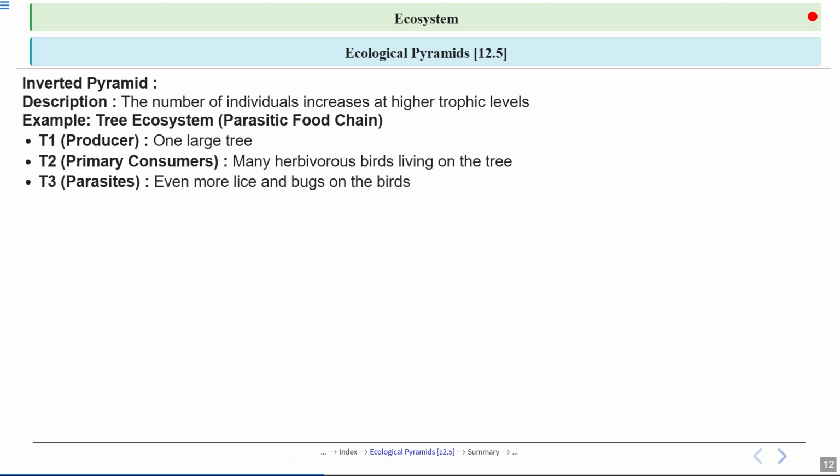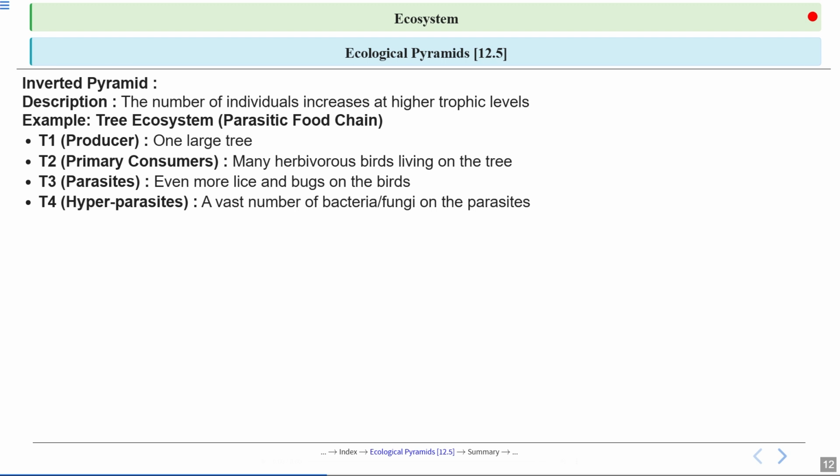Then at the third trophic level, parasites are present. There are even more lice and bugs which are present on the birds. So you can see the number is increasing as you are going higher. Now the fourth trophic level is occupied by the hyperparasites. Their number is even more.